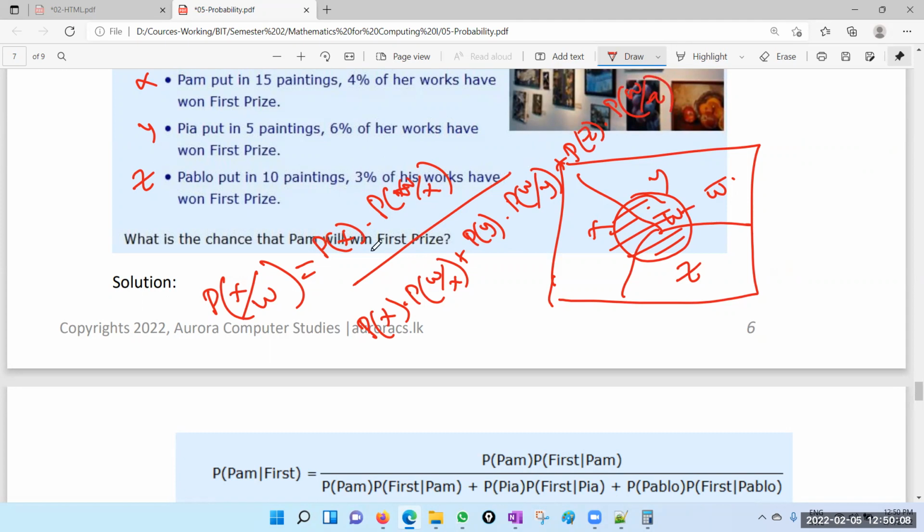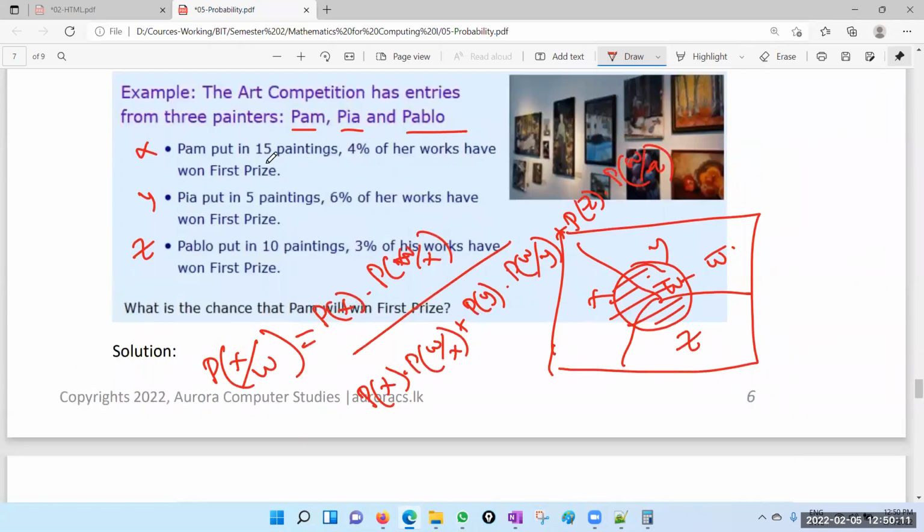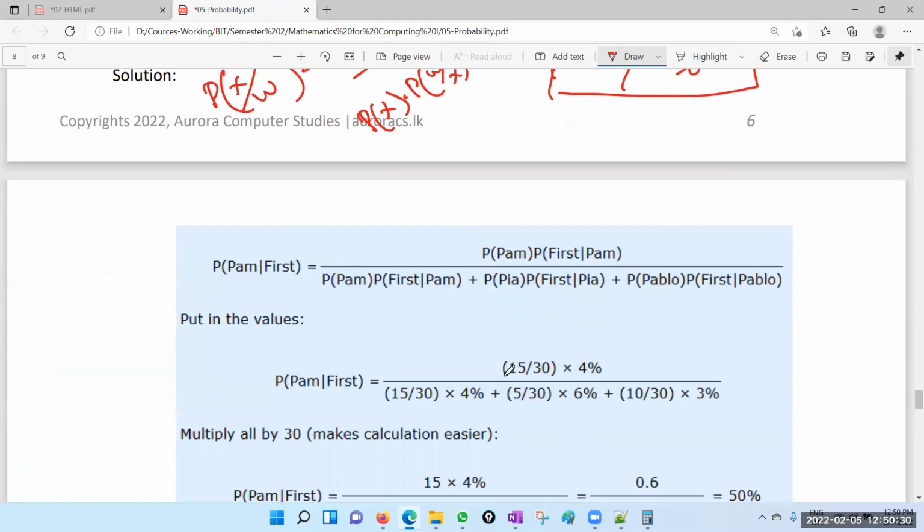So what is the probability of X? X has put 15, Y has put 5, Z has put 10. So what is the probability of X? 15 plus 5 plus 10 is 30, so 15 divided by 30.